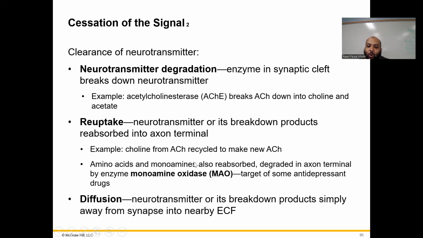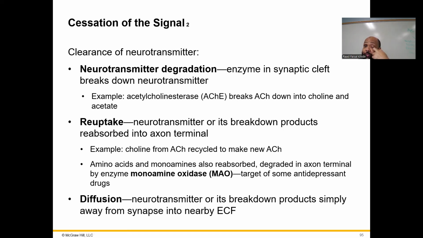An example of that would be the choline from acetylcholine that's recycled to make new acetylcholine. And amino acids and monoamines are also reabsorbed, and you're going to have degradation in the axon terminal by the enzyme monoamine oxidase. For patients suffering from clinical depression and anxiety, we use monoamine oxidase inhibitors.